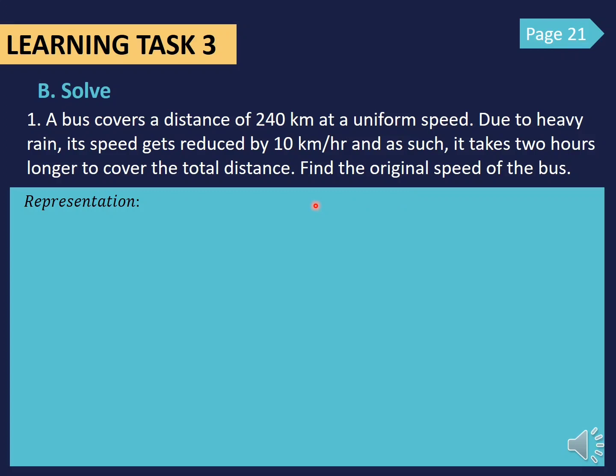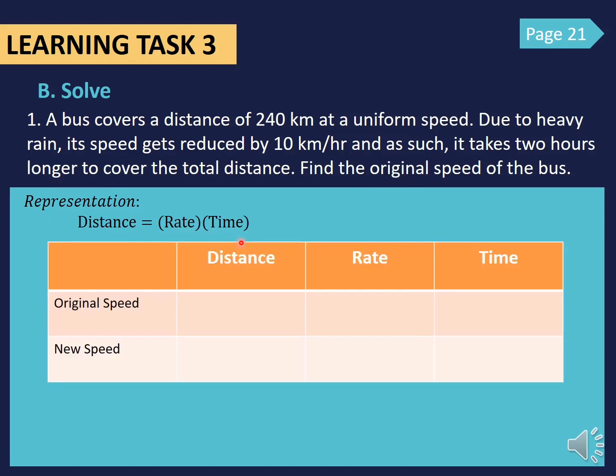So, in order to have our representation, we all know that distance is equal to rate times time. So, this is an example of a motion problem, or distance problem. Distance is equal to rate times time. Laging tatandaan. So, let us construct a table for the original speed and the new speed, after reducing it due to heavy rain.